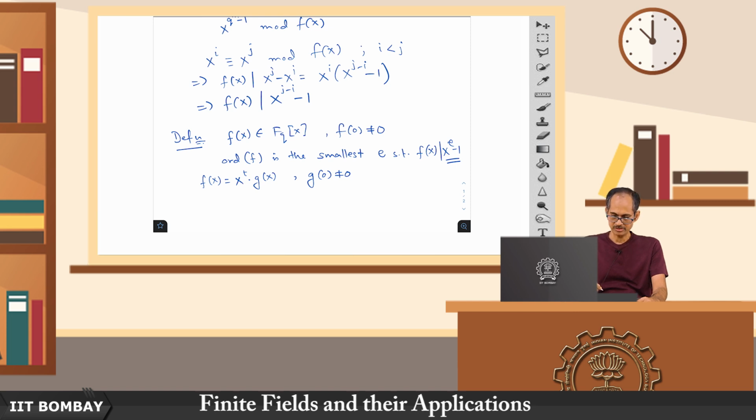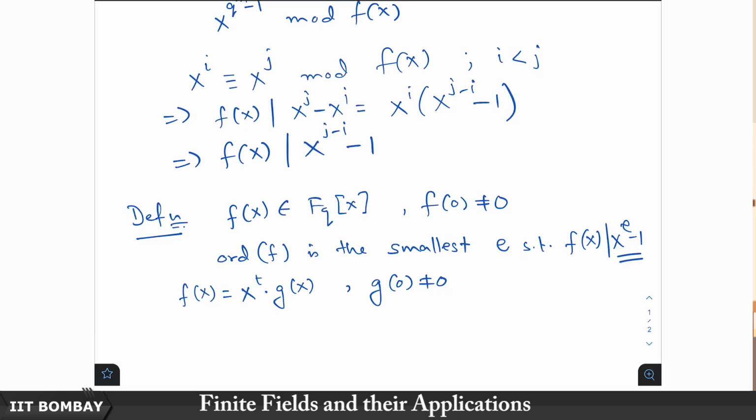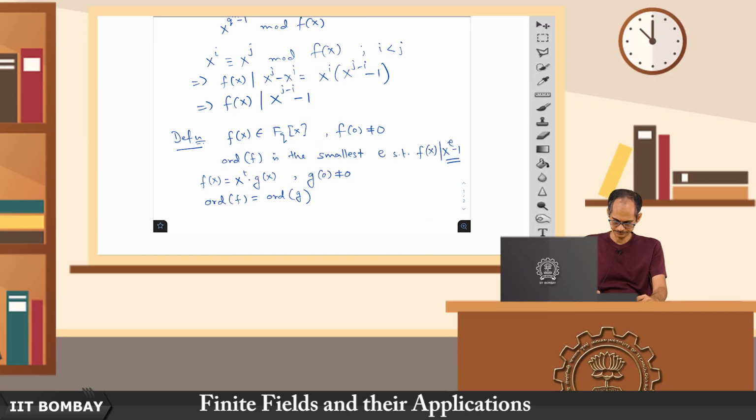So, x cannot divide it. In that case the order of f is defined to be the order of g itself, that is, take all the x factors outside, and the order of what remains, which does not have any factor x, is defined as the order of f itself.